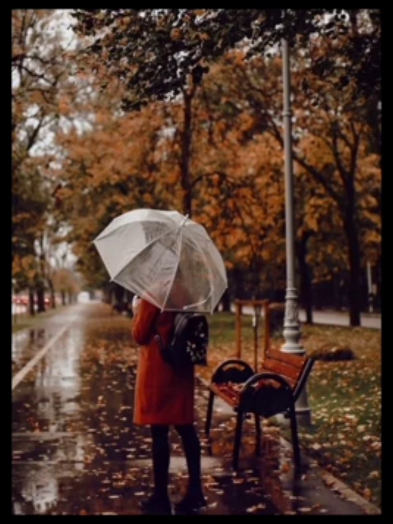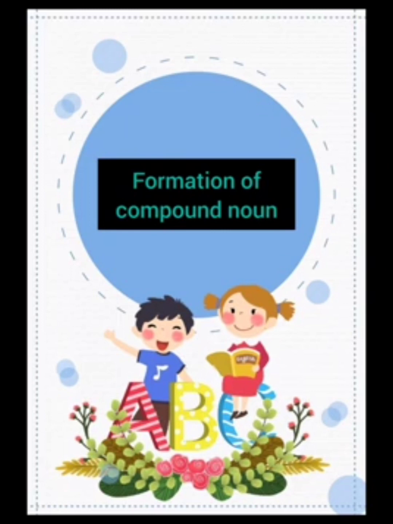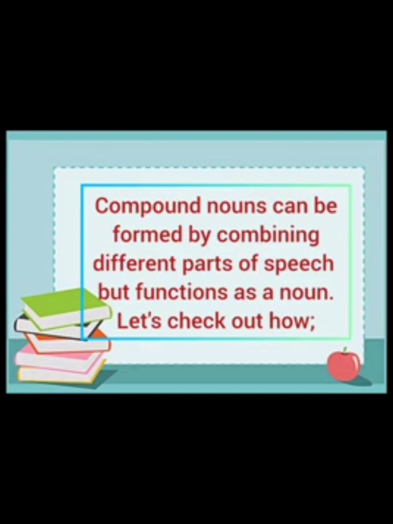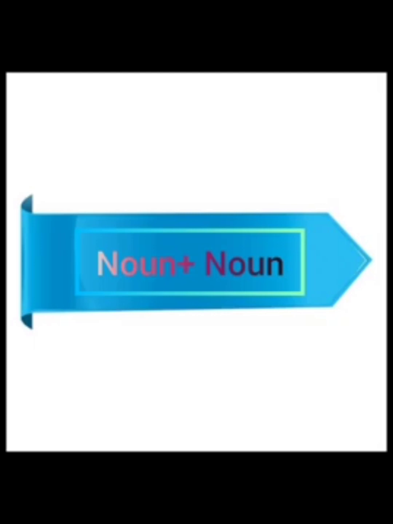Further, we have forming compound nouns. How do we form compound nouns? Compound nouns can be formed by combining different parts of speech, but they function as a noun. Let's check how they form. The very first one is when we join noun plus noun, we get a compound noun.